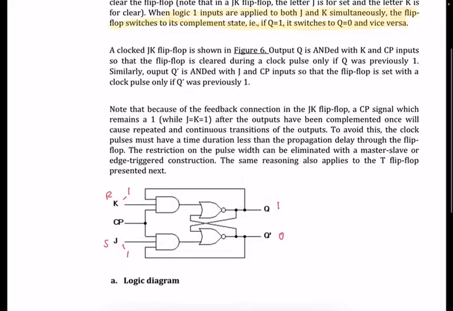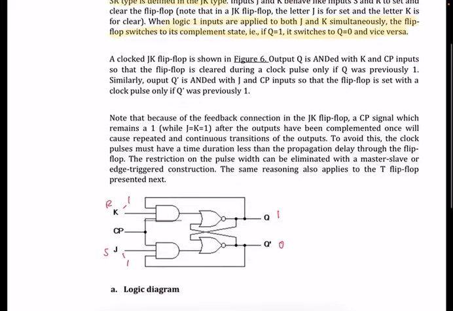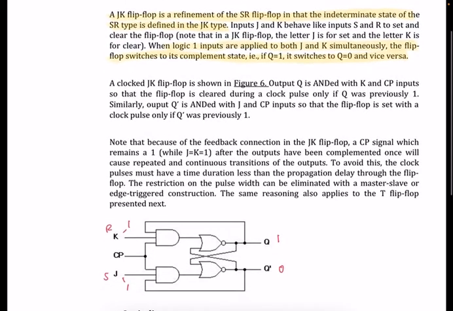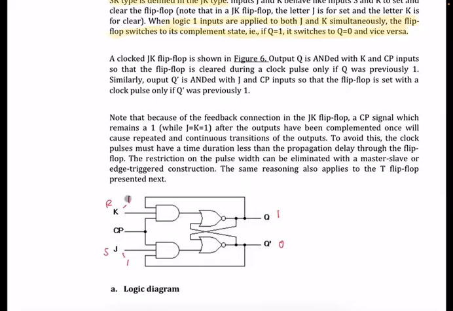So nagpapalit sila kahit na pareho, kasi kanina dun sa normal, sa ordinary na SR flip-flop, no? Kapag pareho siyang 1, nagkakaroon dito ng unstable na state, no? Kasi nagiging pareho silang 0. But sa version ng JK, kahit parehong 1 to, yan, ang output niya ay magiging 1 and 0 kasi meron siyang added na input dito na connection. Okay?